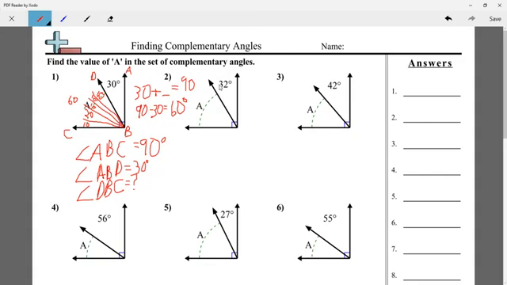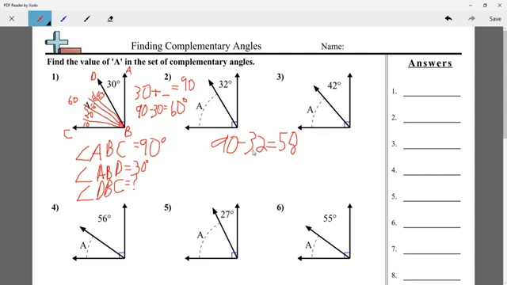And now, when we're finding complementary angles, all of these angles, these big ones, are 90 degrees. So really, all we're doing is 90 minus whatever this angle is, and that'll give us the answer. So 90 minus 32 equals 58, right?